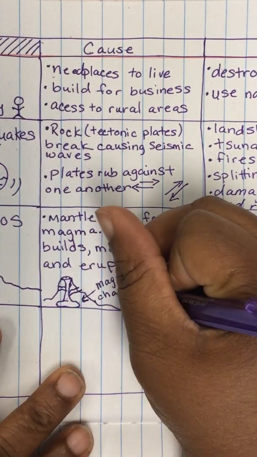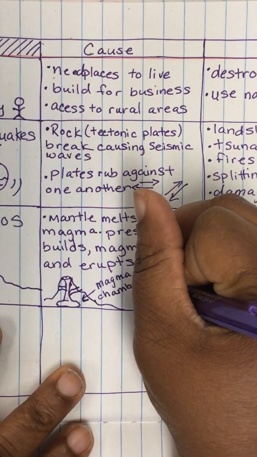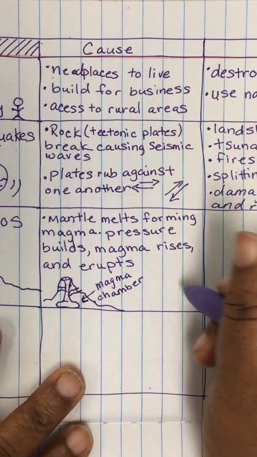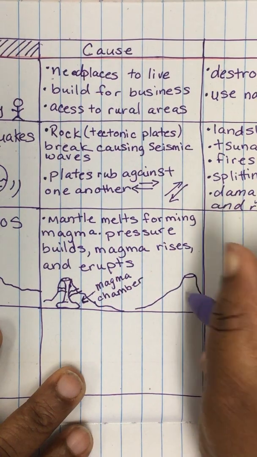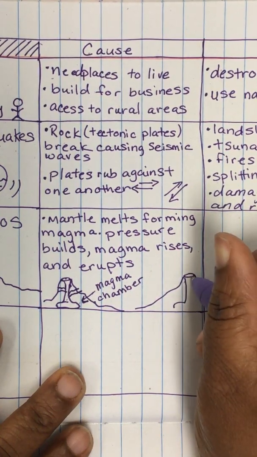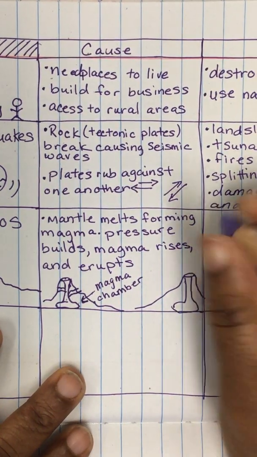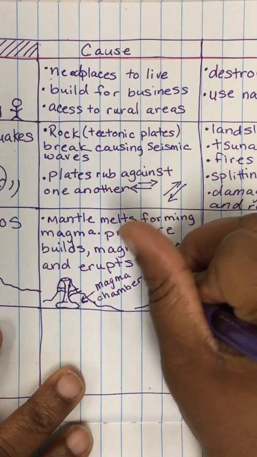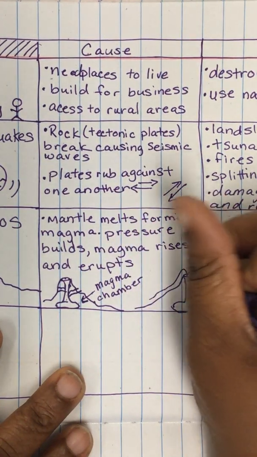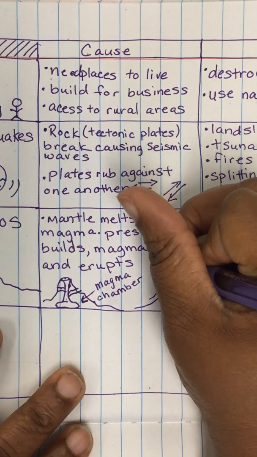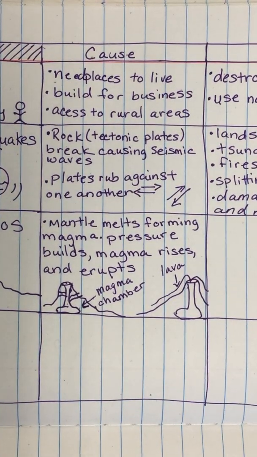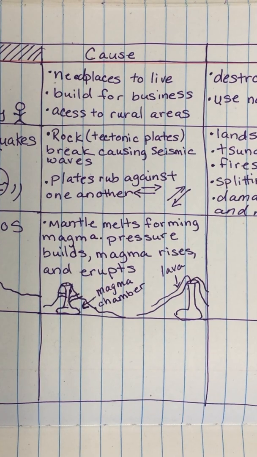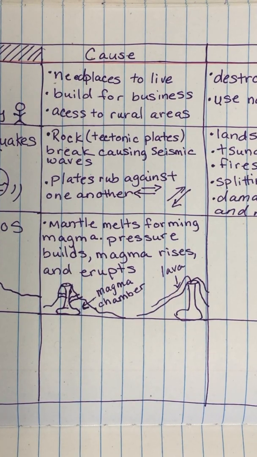And it's only magma when it is underground. After it comes out, that's when we call it lava. So one more quick drawing. There's your magma chamber. But let's say it's come out this time. This is going to be lava. A little extra information.